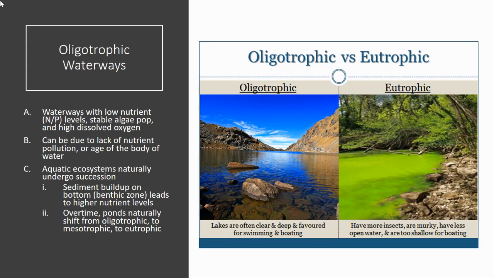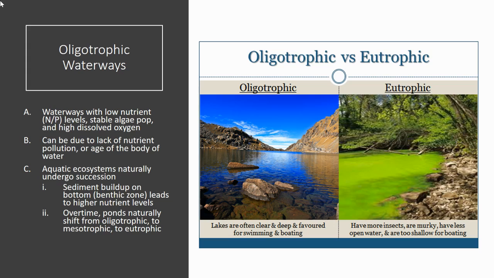We can also see that aquatic ecosystems can change from oligotrophic to mesotrophic to eutrophic, sometimes even because of succession. Right? We talked about ecological succession way back in the beginning of the year, and oftentimes we refer to forests as going through succession after, say, a forest fire, but actually aquatic ecosystems can do that too.